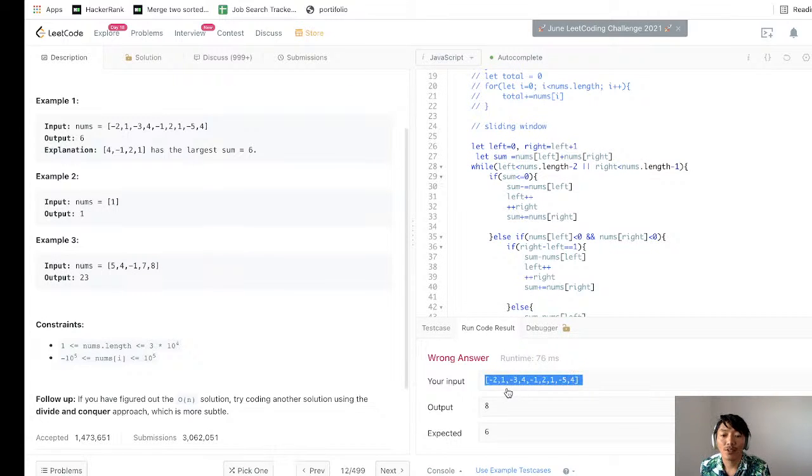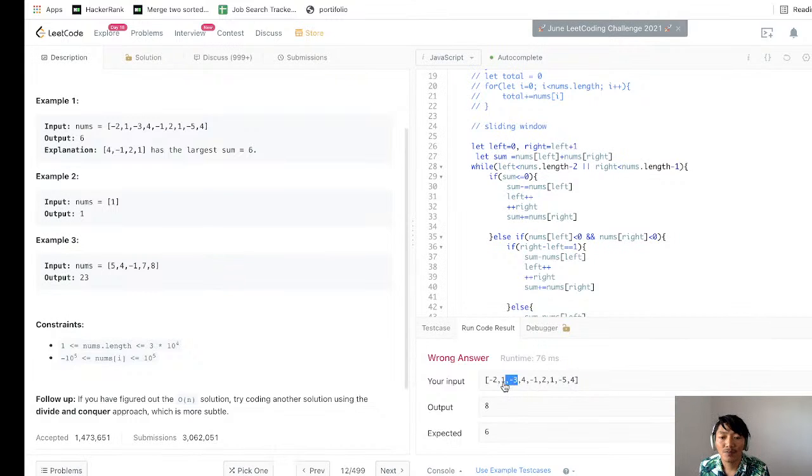So right now we're here. Oh, okay, right now we're here. And then what we did, the sum is still -2, so it is less than this. So we jumped here, and what we did was minus.